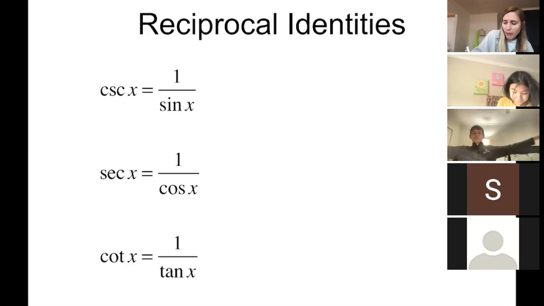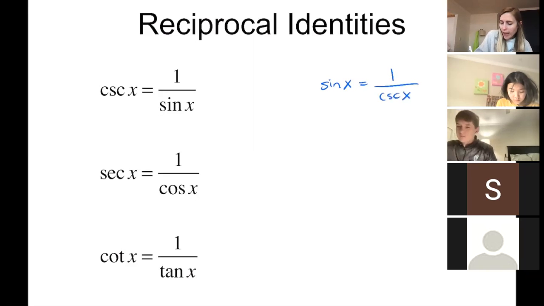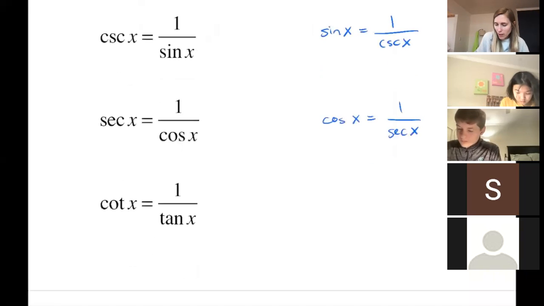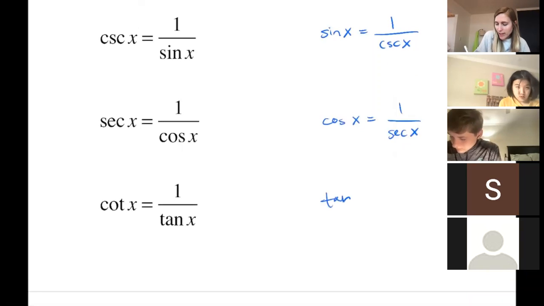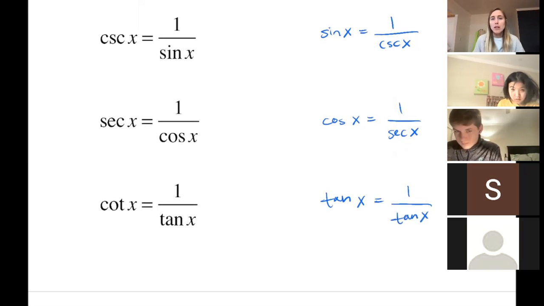And we can say, okay, well, sine is equal to 1 over cosecant. And cosine is equal to 1 over secant. And tangent is equal to 1 over cotangent.